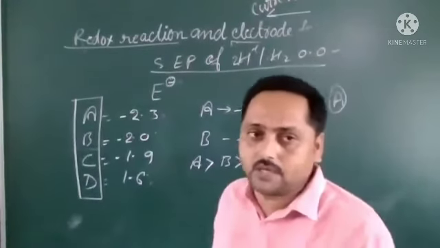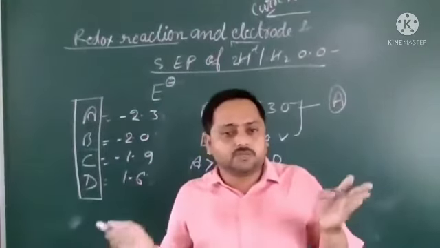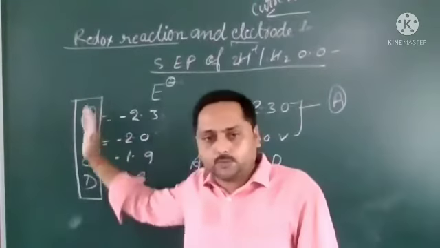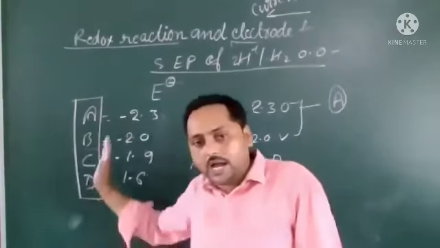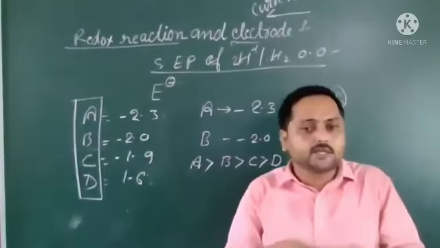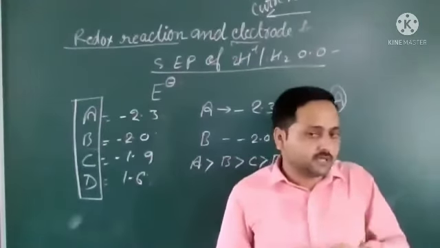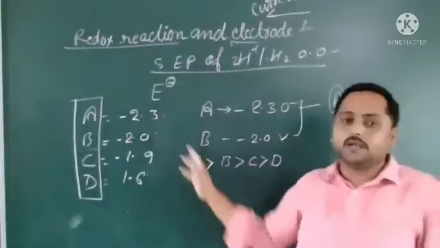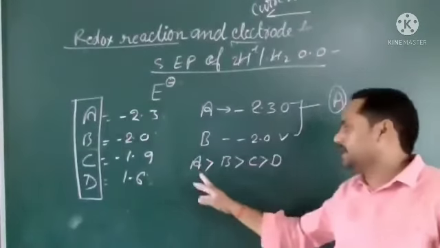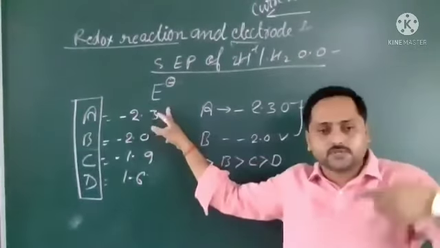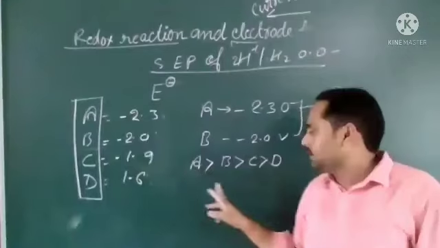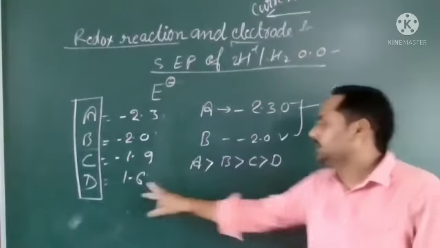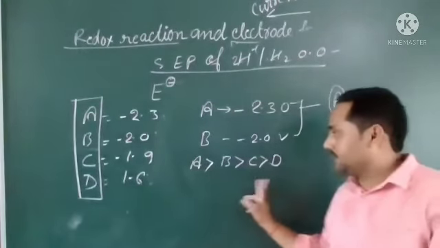By this we have to be clear, and with the help of this we will solve some questions: if standard electrode potential values are given and we are asked to arrange them in increasing or decreasing order of their reactivity, we can arrange them. For decreasing order of activity, we will arrange A first because that value is highest, and then the others.